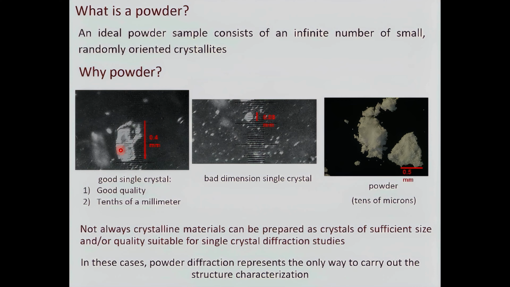But it's not always possible to have a single crystal of sufficient size and quality to perform a proper single crystal diffraction study. Sometimes, for example with pharmaceutical compounds, they crystallize as powders. In that case, the only possibility you have to study your compounds is as a powder.